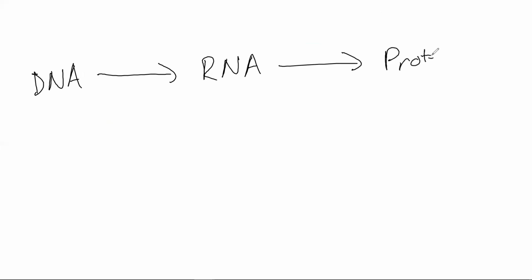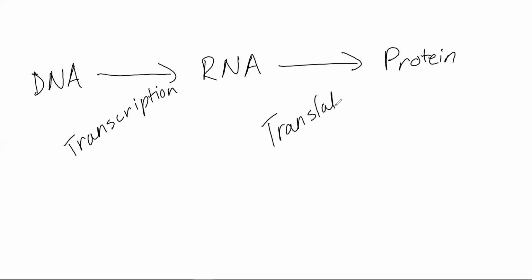You start at your DNA, then you go to your RNAs, then you go to your protein. The process to go from DNA to RNA is transcription. The process to go from RNA to protein is translation. Makes sense? Fairly simple stuff, right?